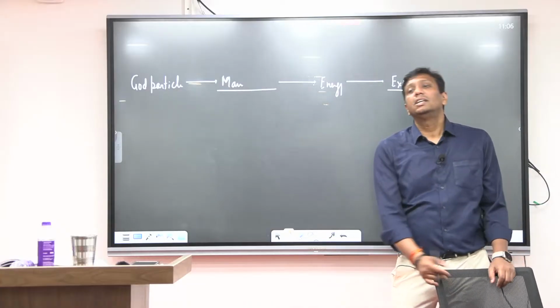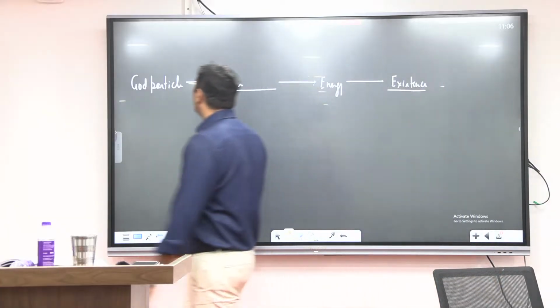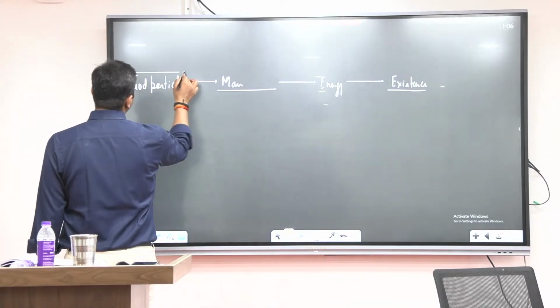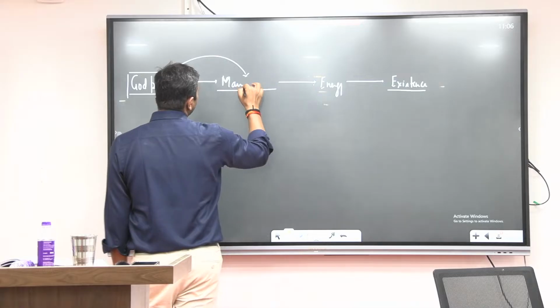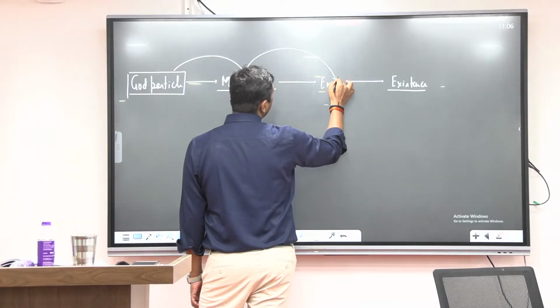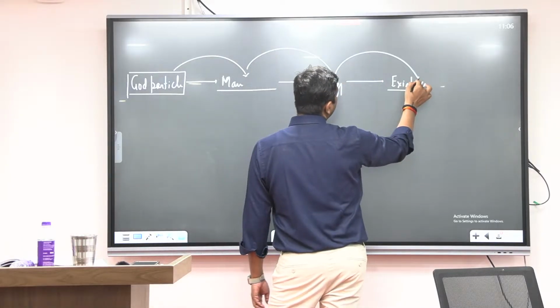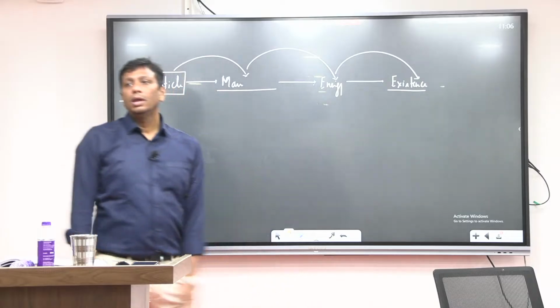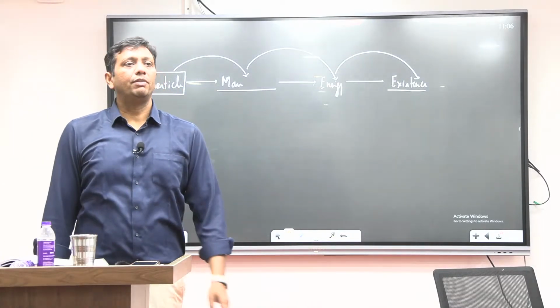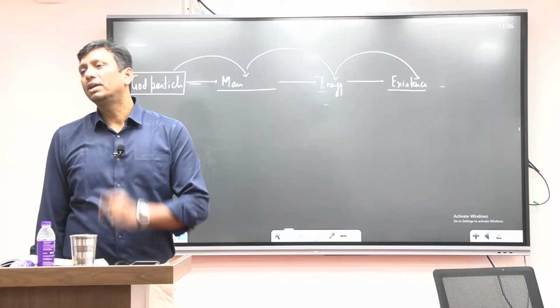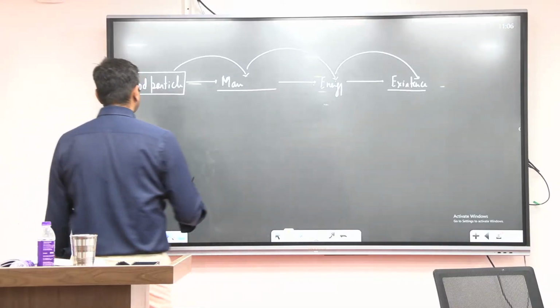So the God particle is that kind of fundamental particle. Because of this, mass exists, due to the presence of mass everyone has energy, and because of energy they have existence. Any small object to any big body, everyone has mass due to the presence of the God particle.